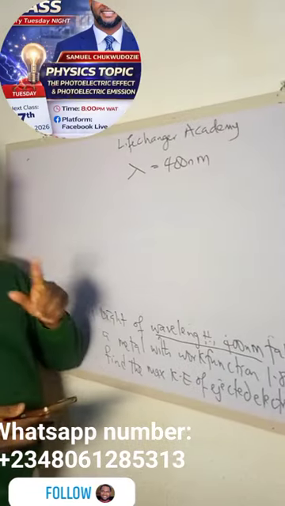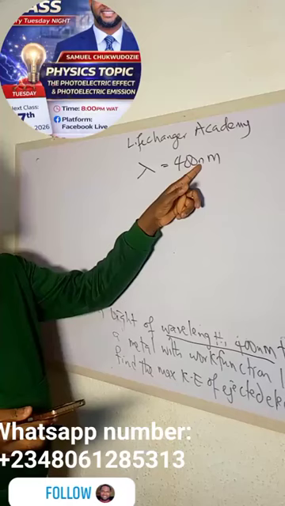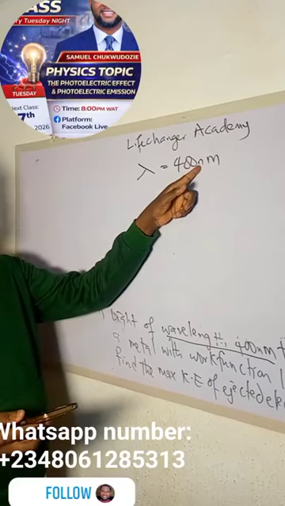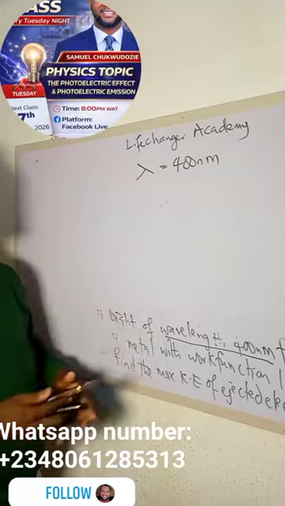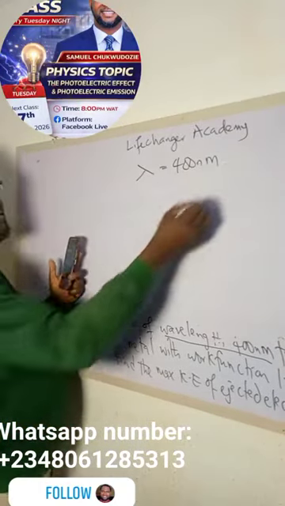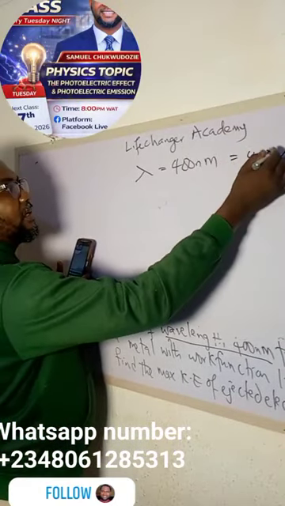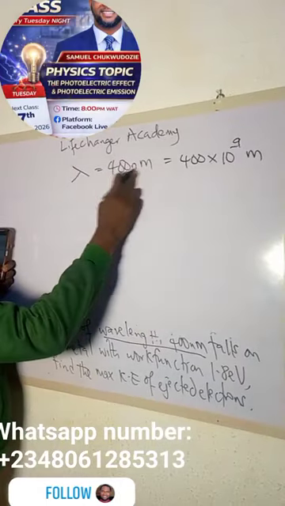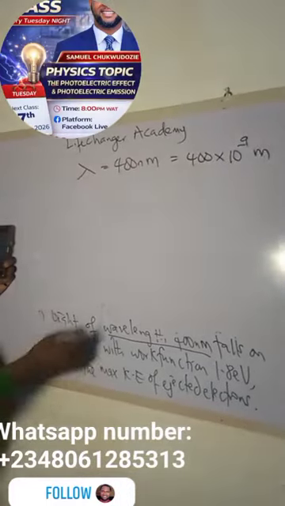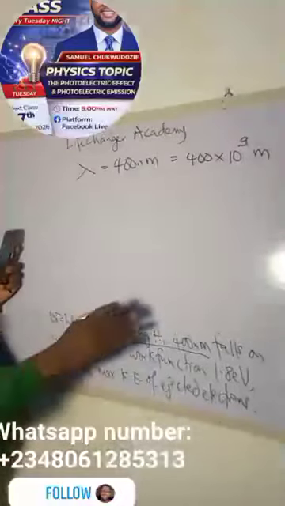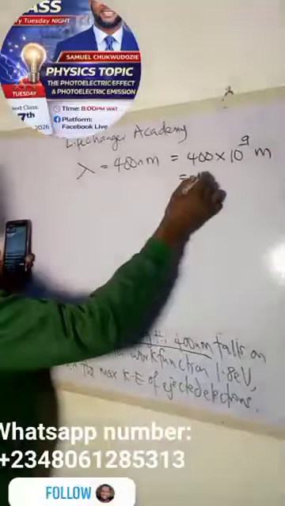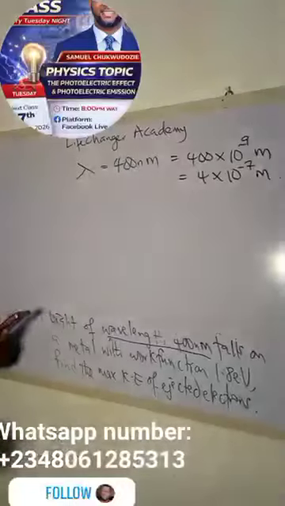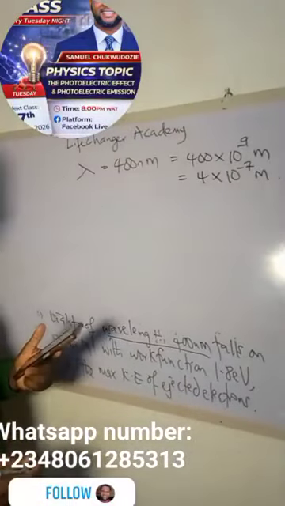Don't forget that the nano here is 10 to the power negative 9. So I can write this as 400 times 10 raised to the power minus 9 meters. I can leave it this way, or I can use my calculator to multiply this to become 4 times 10 raised to the power minus 7 meters.